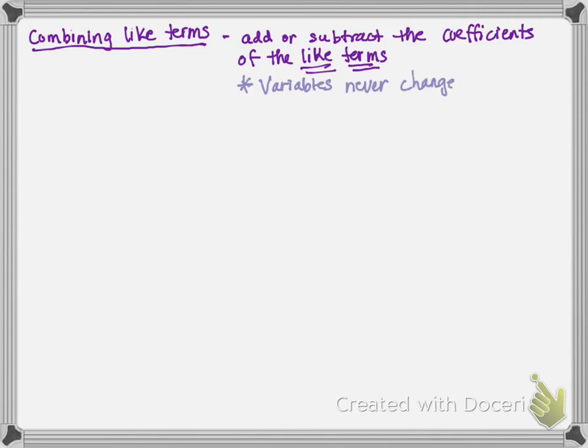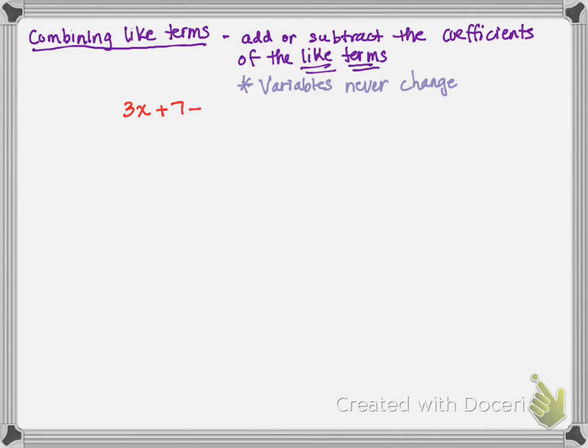Okay, so here's what I need you guys to understand is that I kept saying, hey, everything we're going to be talking about, these 3 videos, has to do with the distributive property. So how come I'm not talking about the distributive property right now? Well, here you go. So you know that original example.